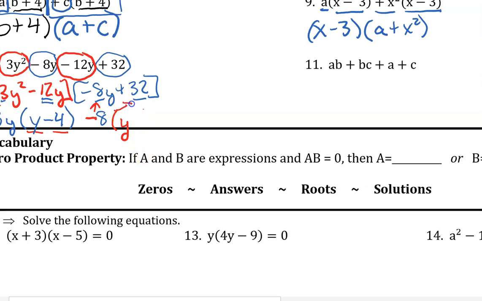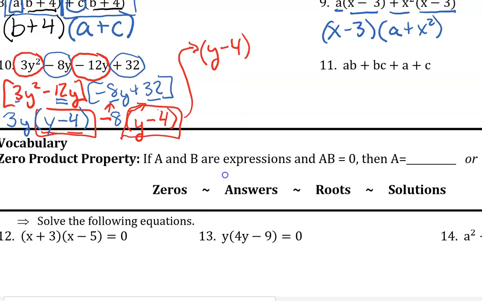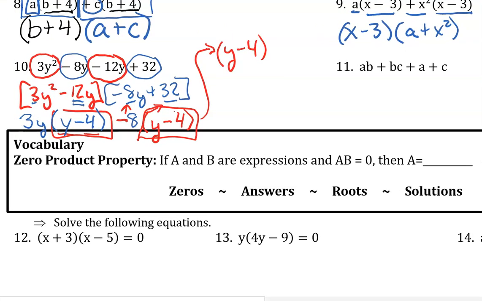If I take out a negative 8 times what is positive 32? Negative 8 times negative 4. So now I have a group, y minus 4, and then I have a second factor, 3y minus 8.